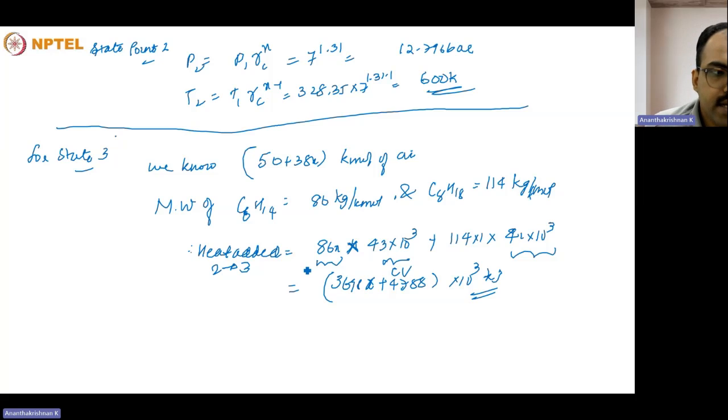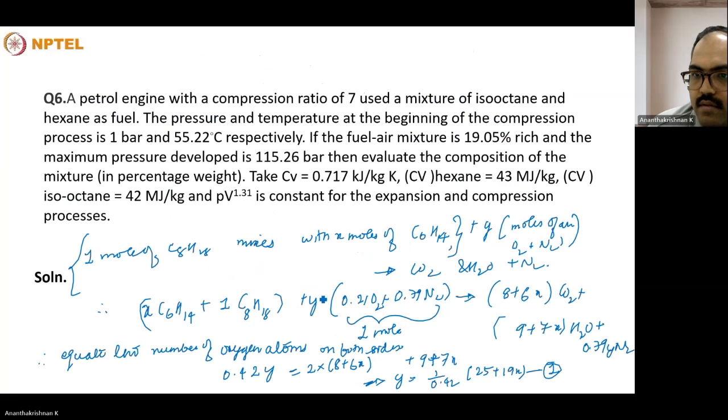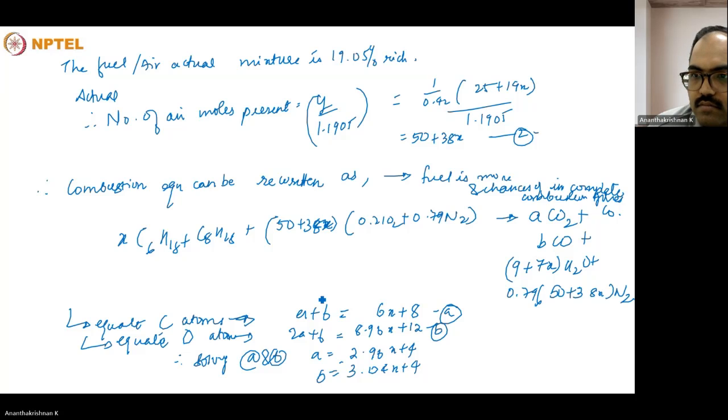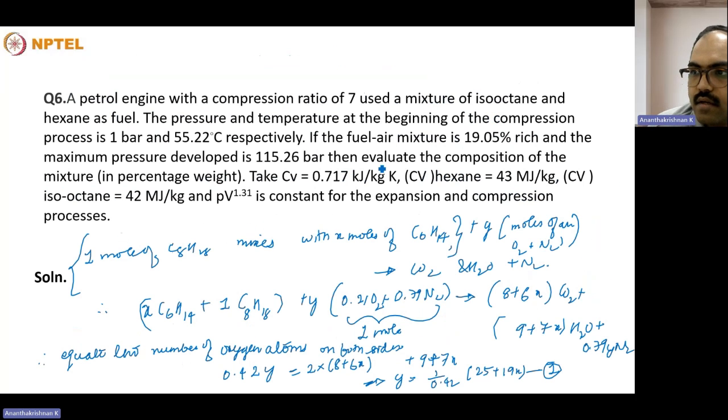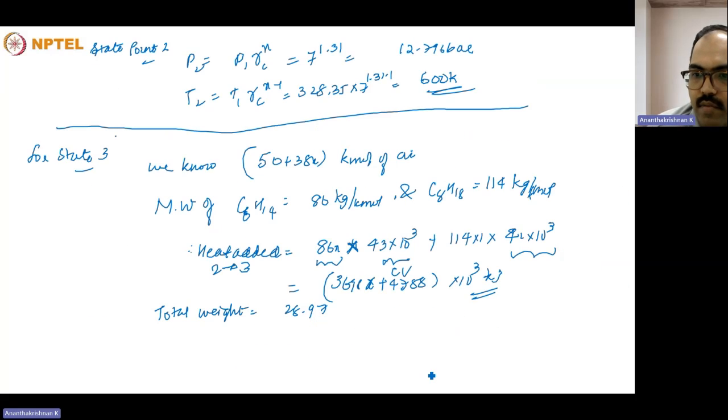So we need to calculate the total weight, which is 28.97, the molecular weight of air, multiplied by the number of moles, 50 plus 38x, plus 86x plus 114 of the fuel.